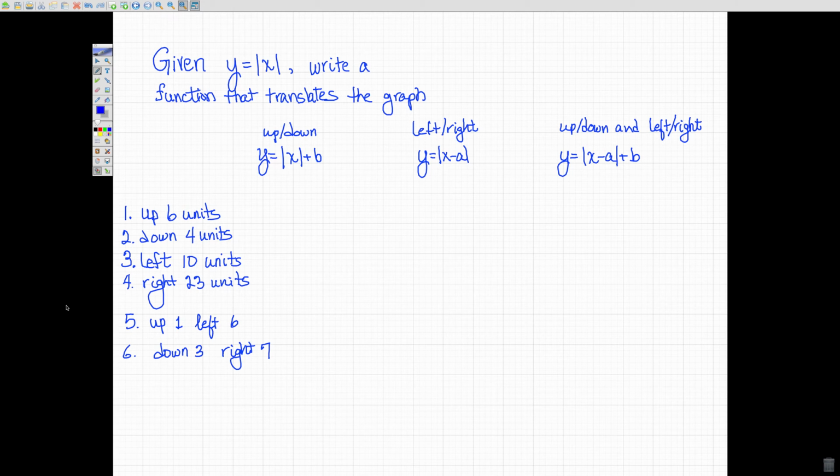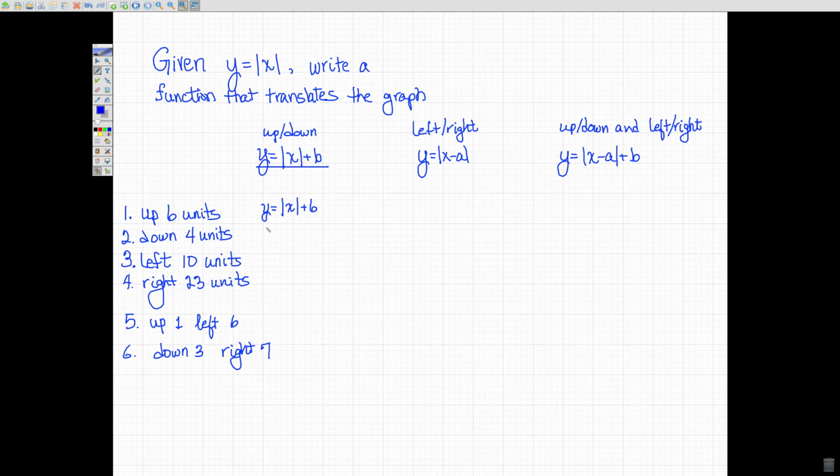Here are some example problems in which you're asked to write functions that translate the standard y equals absolute value of x function either left, right, or up and down, or both. So to write a function that translates absolute value up 6 units, we use this form, this first one, y equals absolute value of x plus b, and the function would be y equals the absolute value of x, and to go up 6, we add 6.